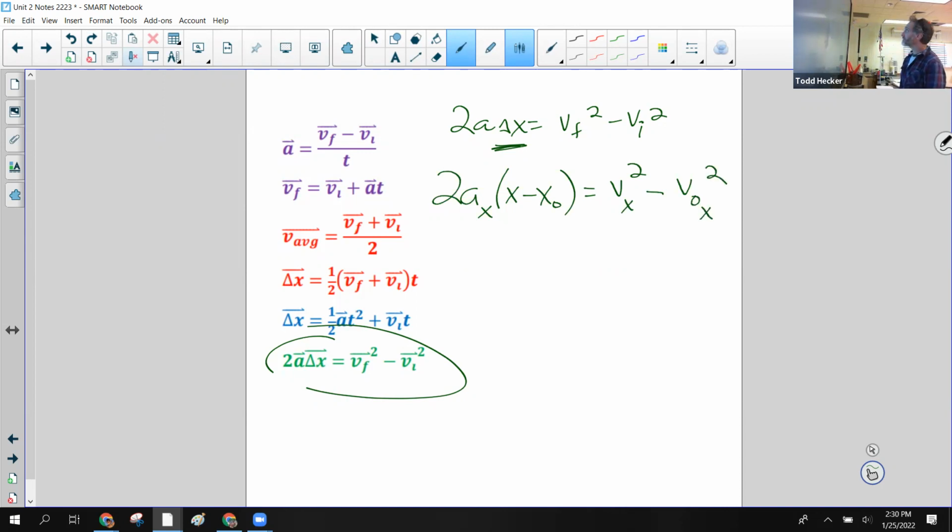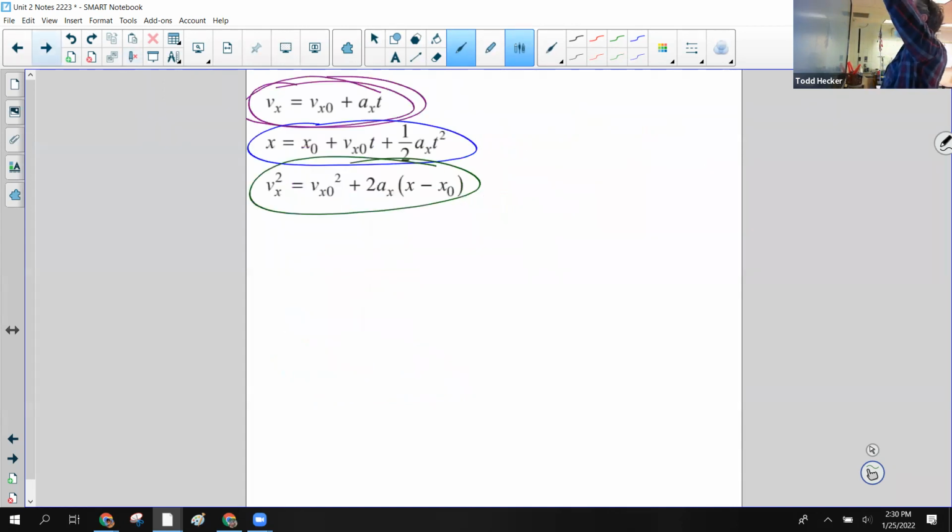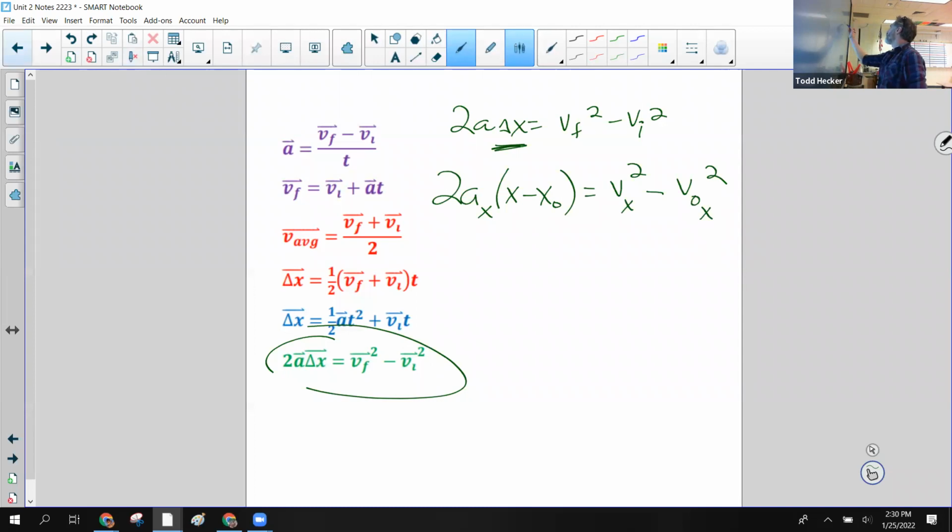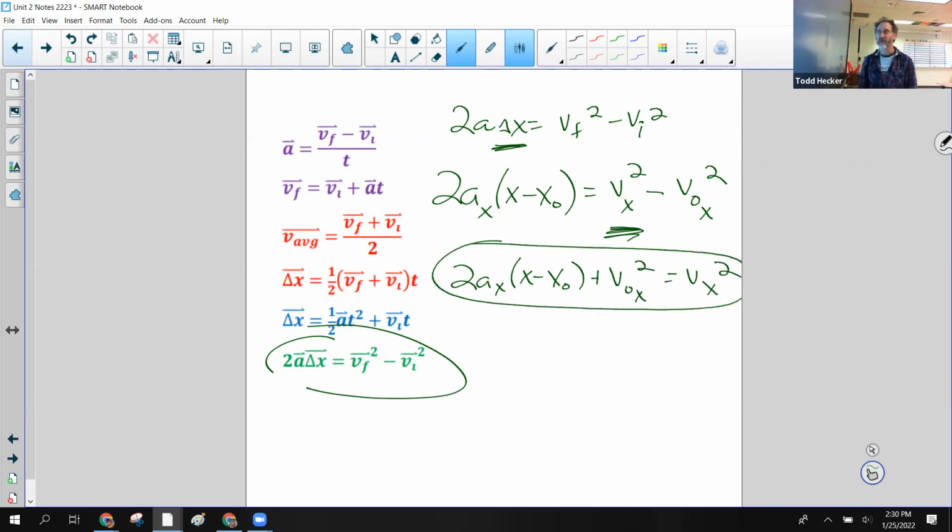Cool. Then they just solve it for v x squared by adding v naught x squared to both sides. So you get 2 times acceleration in the x direction times change in x position, plus initial velocity in the x direction squared, equals v x squared. And there's your last equation on that AP physics sheet.